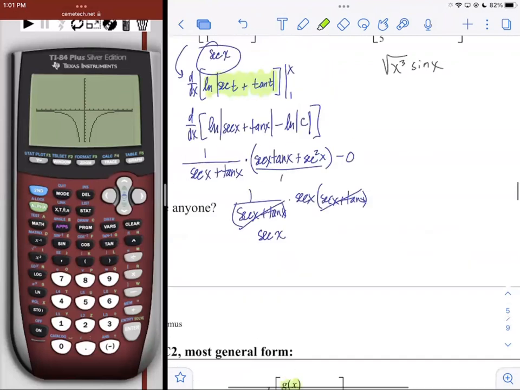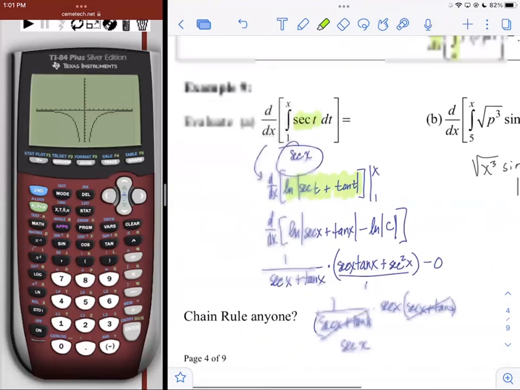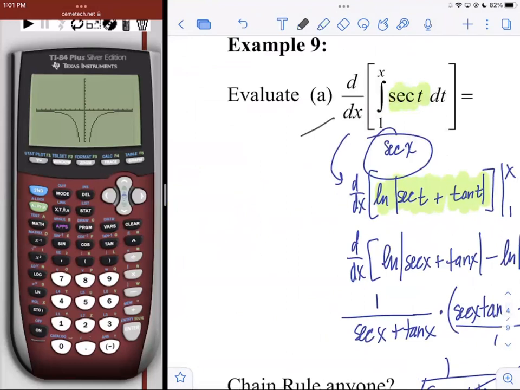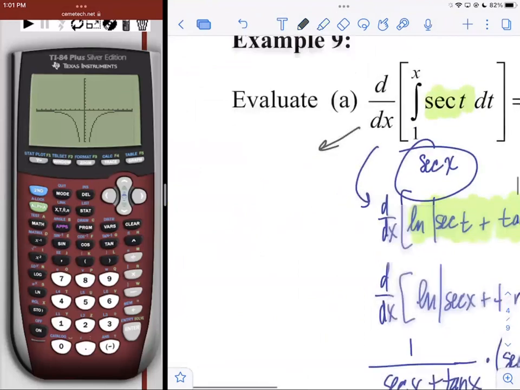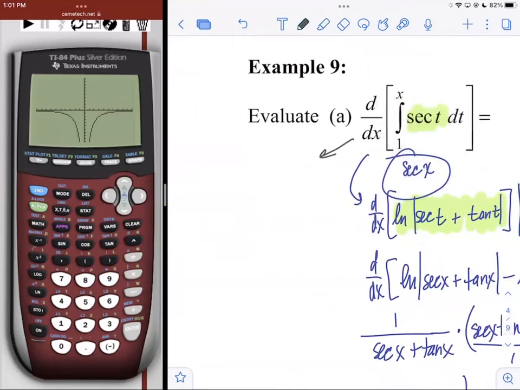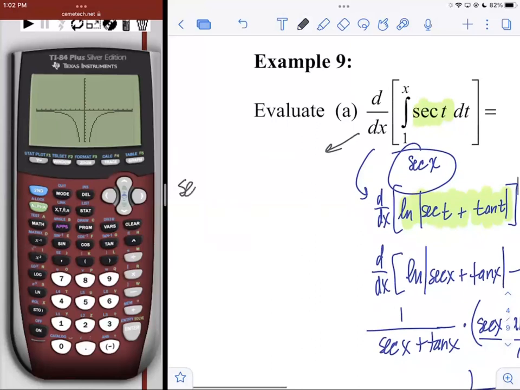All right, here's what it looks like in general. Let's come back to this little innocuous one over here, because here's the general procedure. Whenever it's constant to x, you can just say, ooh, I'm replacing that with x. But here's in general what we do. It's going to be secant of, and you plug in the top, we get secant of x times the chain rule, the derivative of what we plugged in, with respect to x.